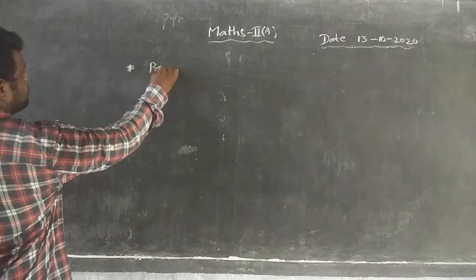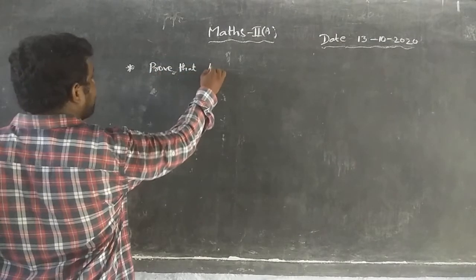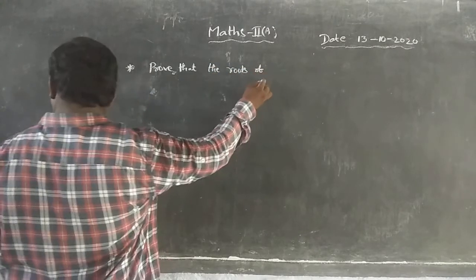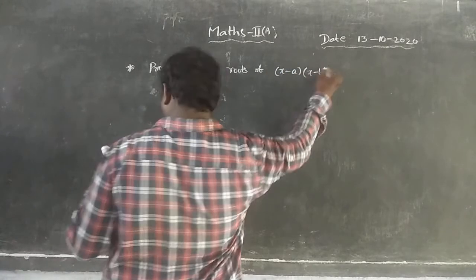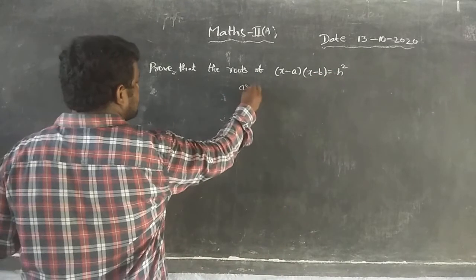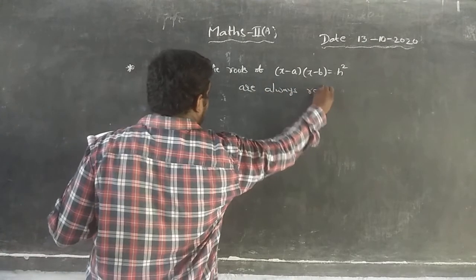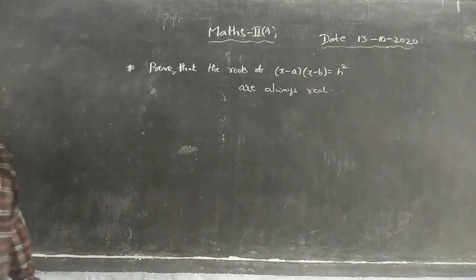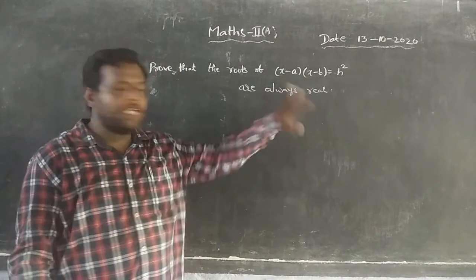Prove that the roots of (x − a)(x − b) = h² are always real. Okay. We can prove that the roots of this equation are always real.